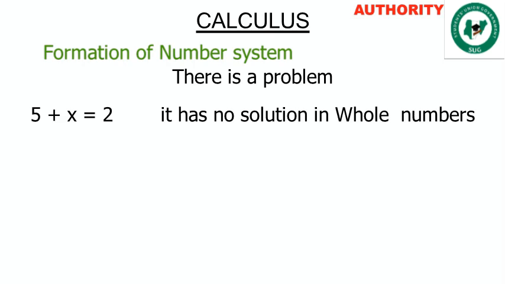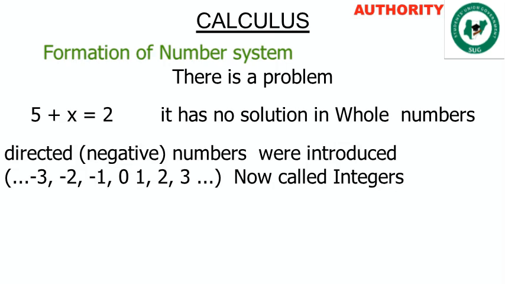And then we discover that there is a need to add another set of numbers. This set of numbers is called directed numbers. These are numbers directly opposite to the natural numbers. You understand?